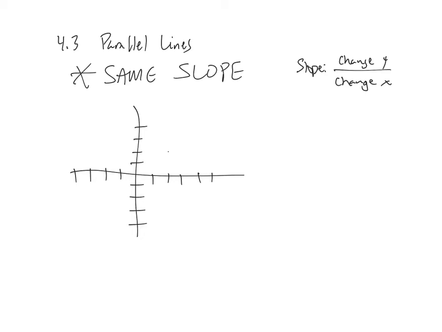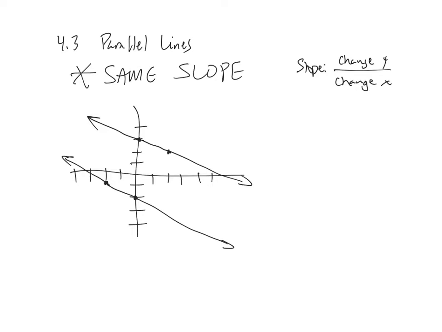So if we had this line, and we had this line, there's going to be 2 points on the lines that you're going to look at.